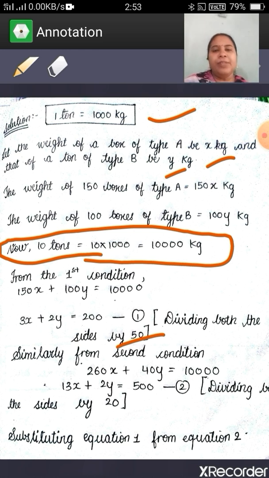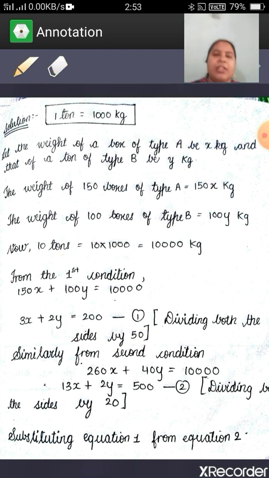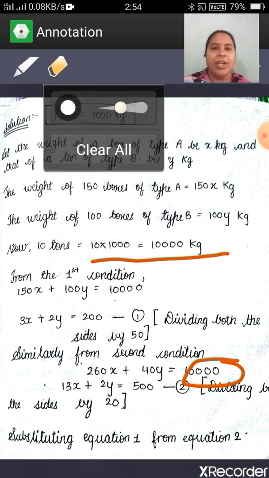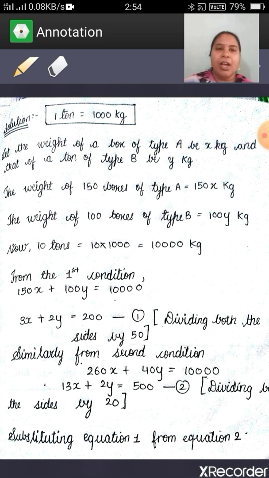Similarly, the second one: 260x plus 400y is equal to 10,000. From where do we get this? We are taking the conversion here, that is 10 into 1000, so 10,000. Now here also you need to divide by the highest common factor, and instead of taking 2 or 10 or 5, it is better that I take the highest common factor as 20.